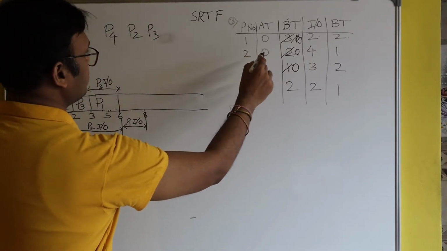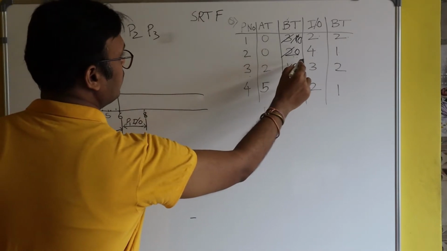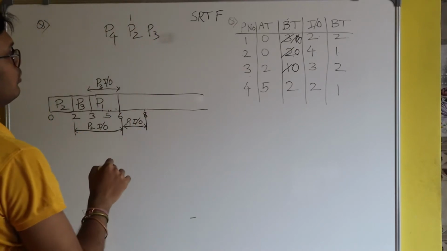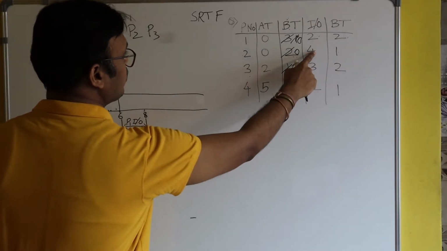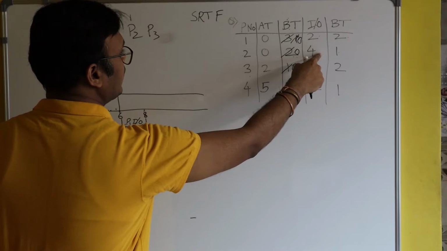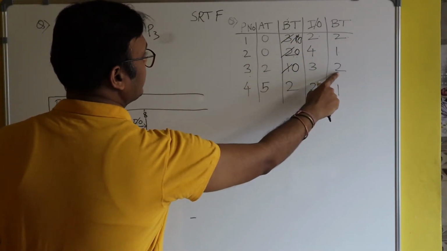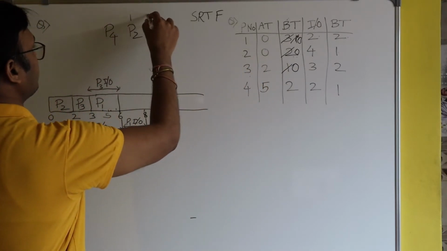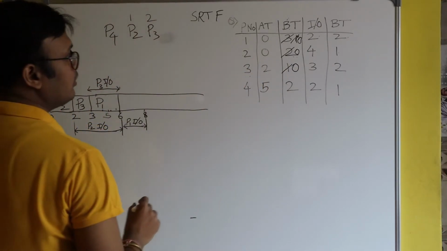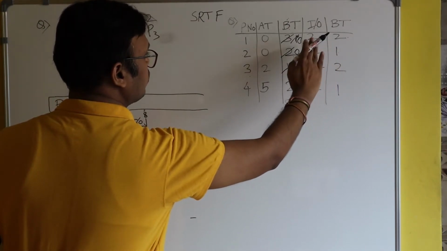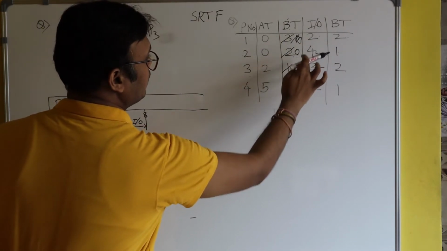You see here process P2 has last burst time of 1 second. Don't look at this because process P2 has already executed its IO. And also process P3 has last burst time of 2 seconds. Process P2 and P3 have already completed their IO, so don't look at the IO part.